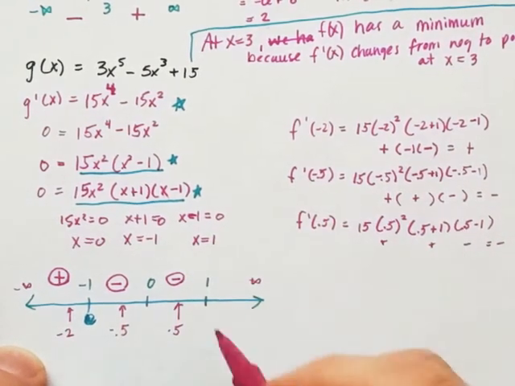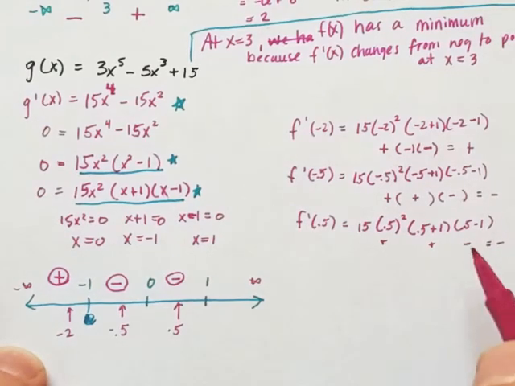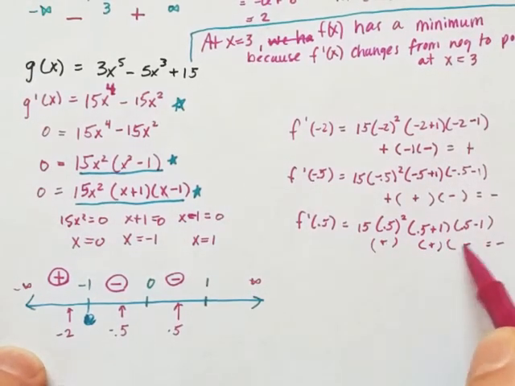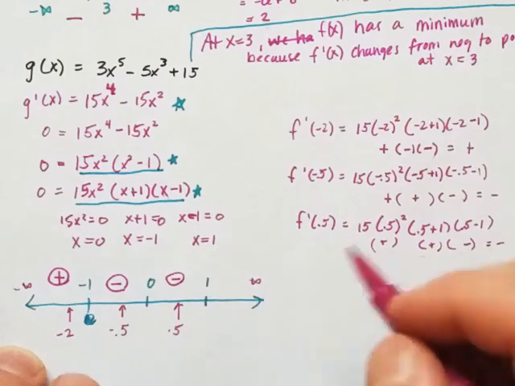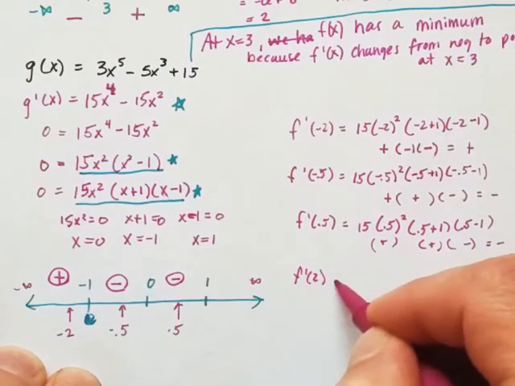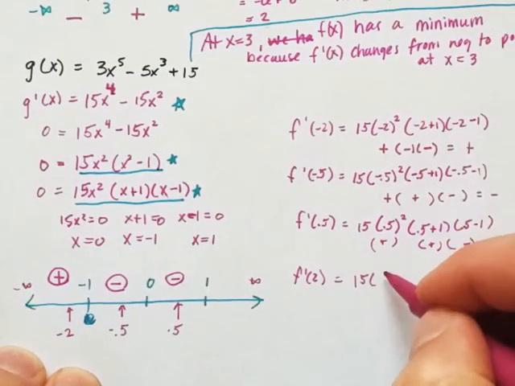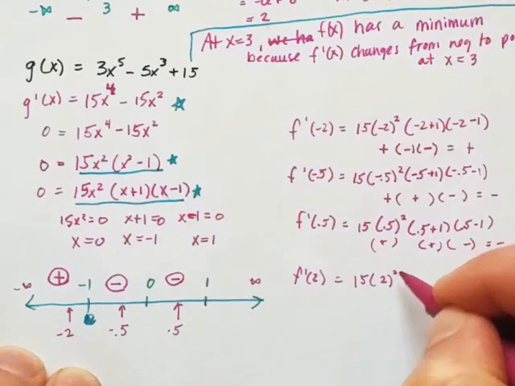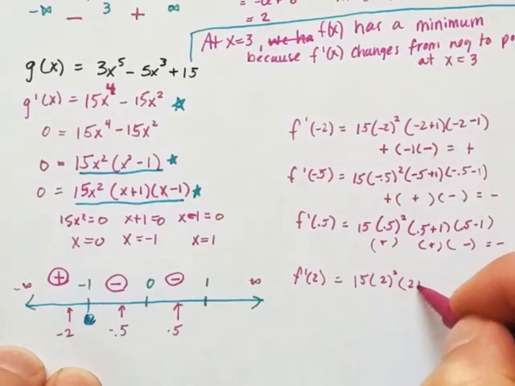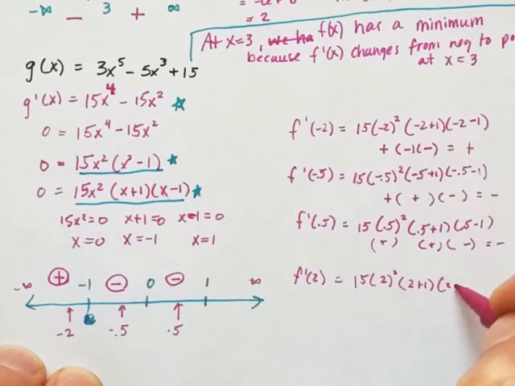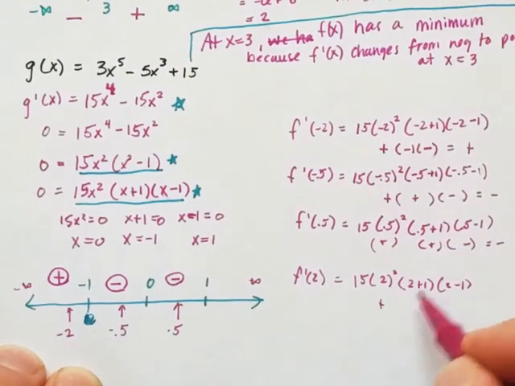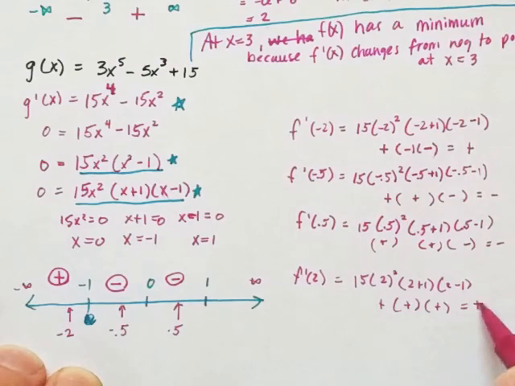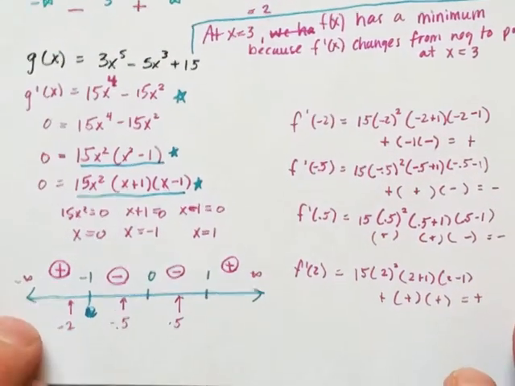And then lastly, we're going to have to take something larger than 1, so let's say 2. So in this case, once again, let's call that 2 squared. And then 2 plus 1, 2 minus 1. That's going to be positive, positive, and positive. So it's positive.